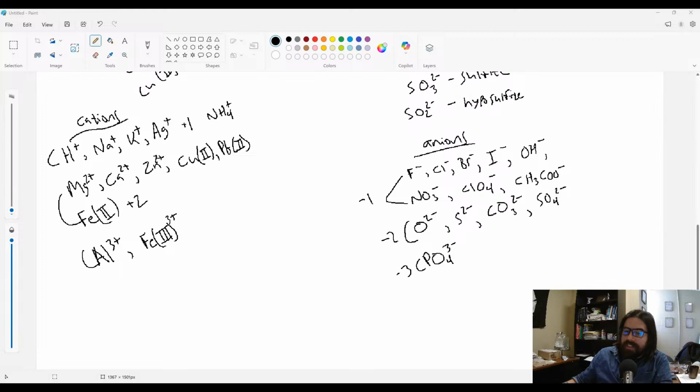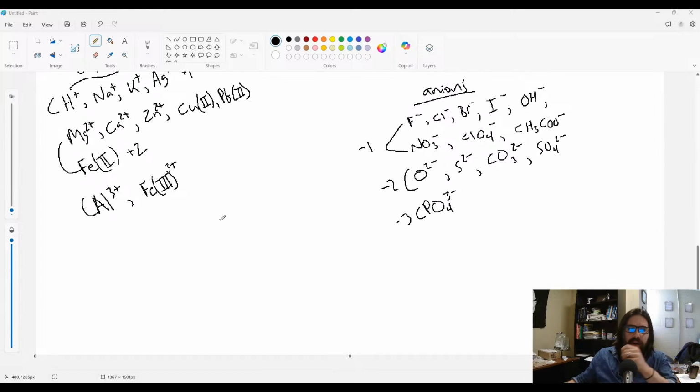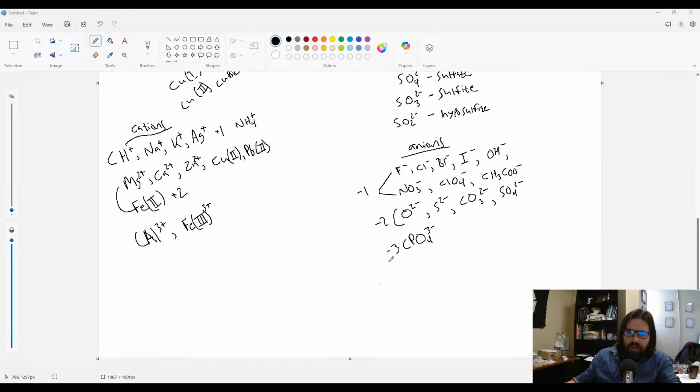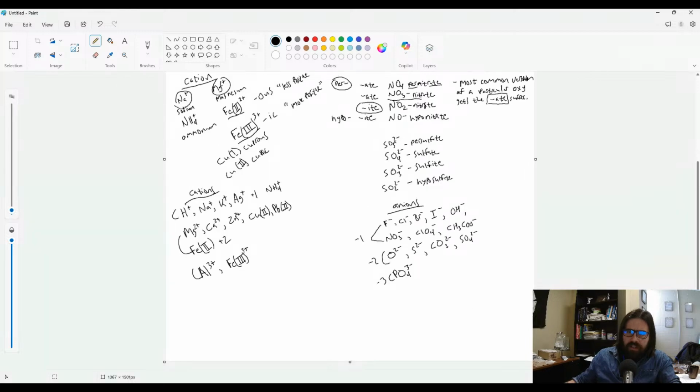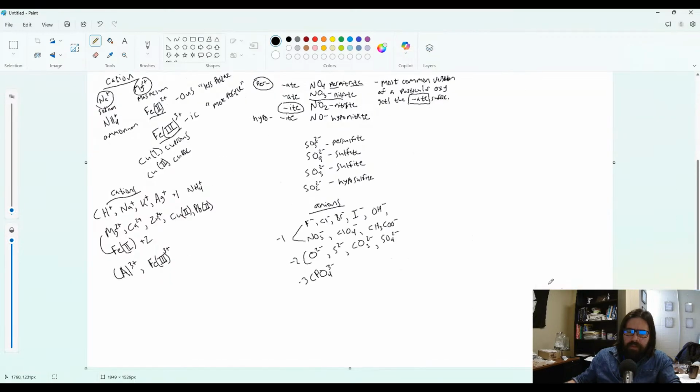Okay, now when we start naming ionic compounds, so I can expand this a little bit. When we start naming ionic compounds, all we do is we name the cation and then we follow that by the anion. Okay, so if I had something like sodium, this one, I would say sodium iodide.